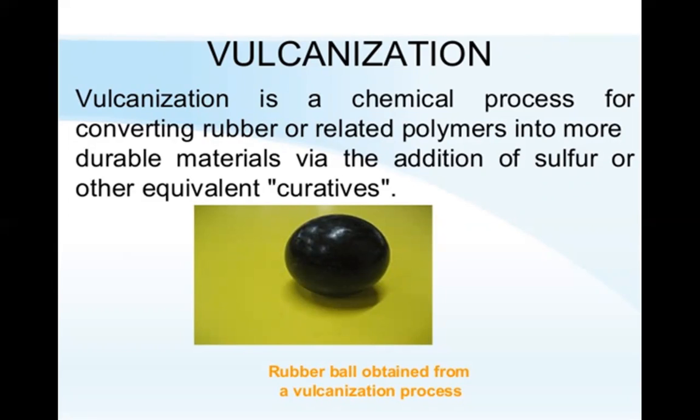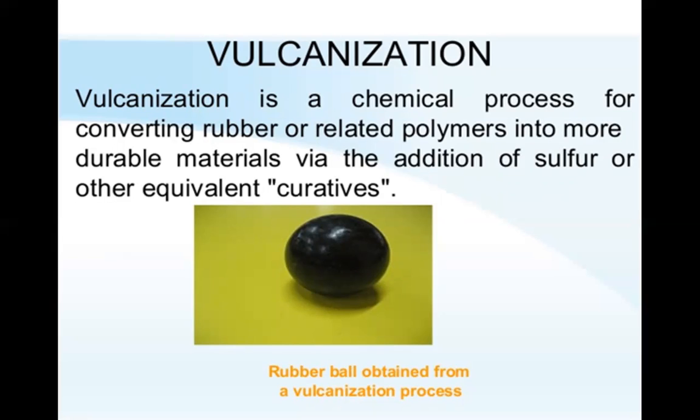To overcome that difficulty and improve the property of the rubber, Charles Goodyear, the scientist, in the year 1839 compounded the raw rubber with some chemicals. Compounding means mixing with some chemicals and heating to 100 to 140 degrees centigrade.